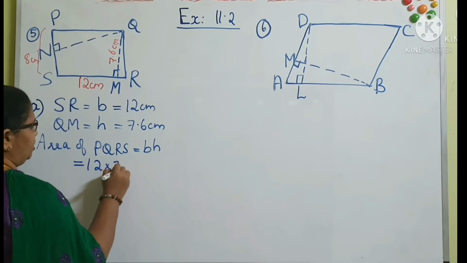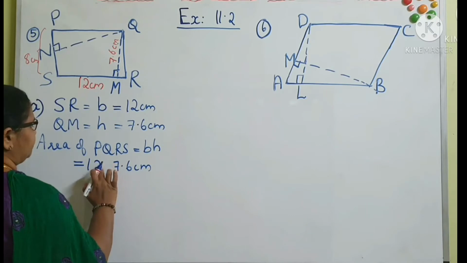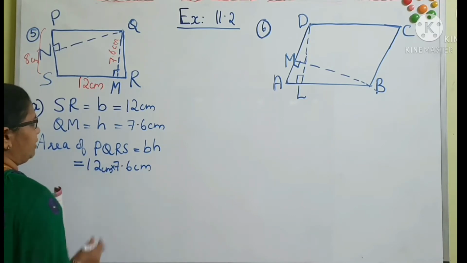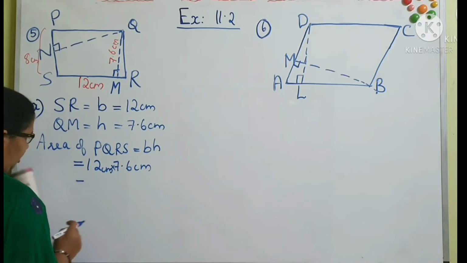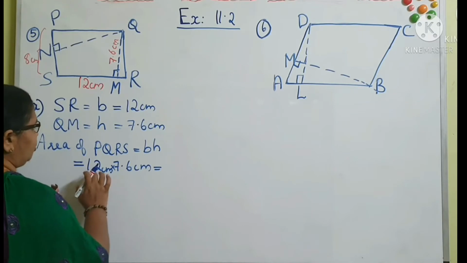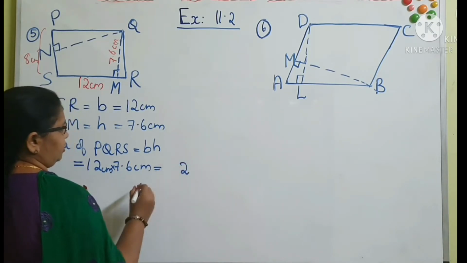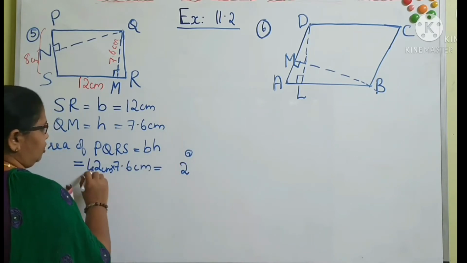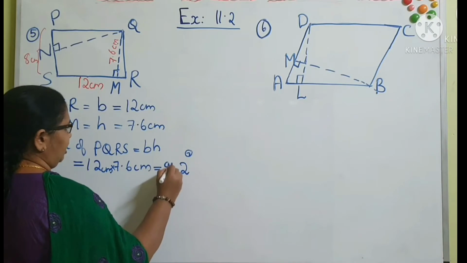So 12 into 7.6, 12 centimeter into 7.6 centimeter. If you know the table of 12, we can easily multiply. 12 6s are 72. 12 7s are 84, plus 7, 91.